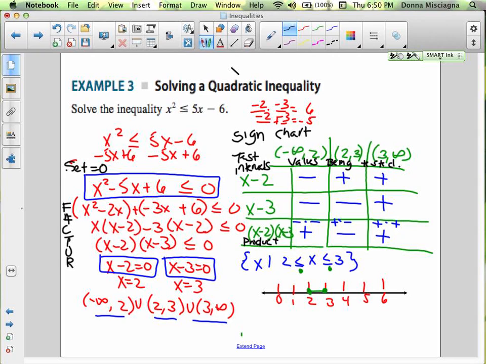And so that's going to determine our solution. Then we wrote down our solution, and then we graphed our solution. And that's all of the parts to this. So it's a little more complicated than linear inequalities, where we just have to solve, and that's it. Here we have to check because we've got different factors. Let's do one more.